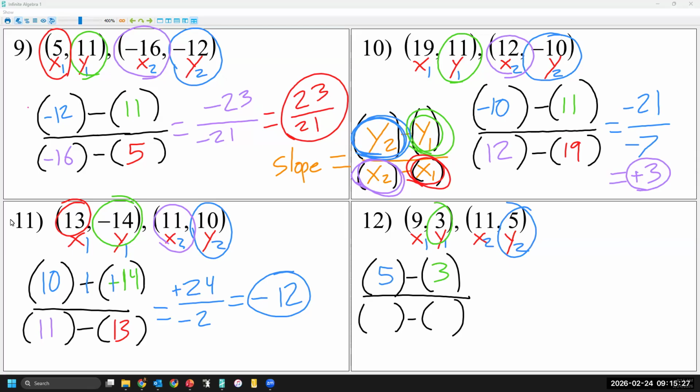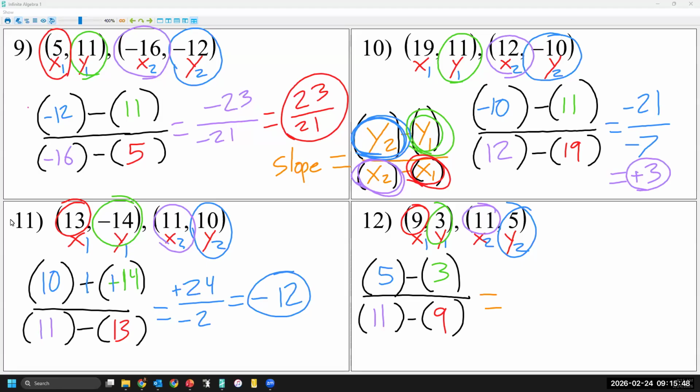And then we're going to do X2, which is 11, minus X1, which is 9. Let's see what we get.